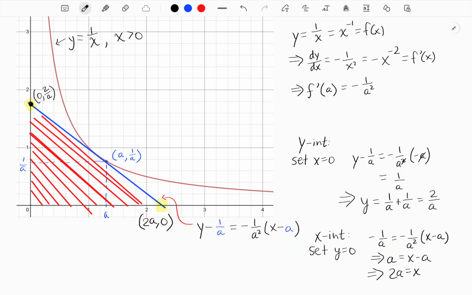And now I can find the area of this triangle shaded in red. The area of a triangle is equal to base times height over 2, or you can say 1/2 base times height. Base is 2a, my height is 2 over a, and that is all over 2.